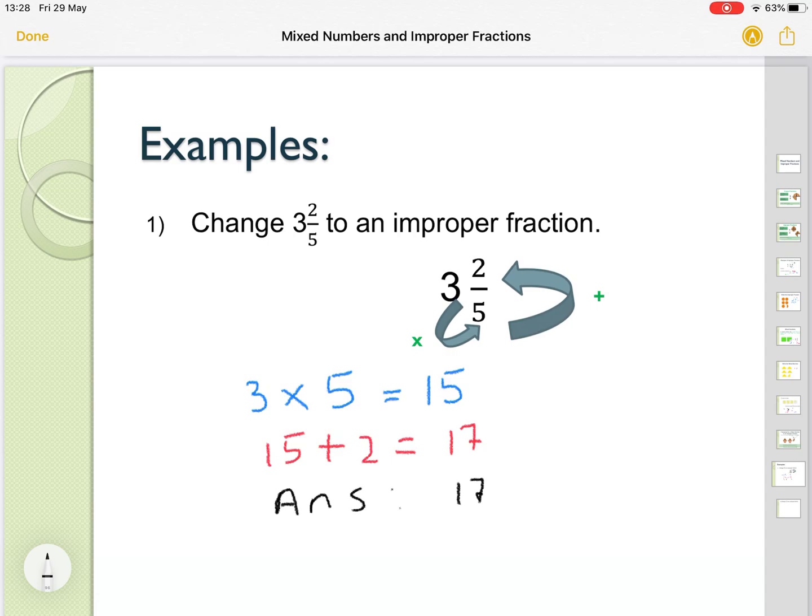I have a denominator of 5 in the mixed, so I still need to write down a denominator of 5 because each diagram will still be divided into 5 parts. So my answer is 17 all over 5. The numerator 17 is larger than the denominator 5, so that is an improper fraction.